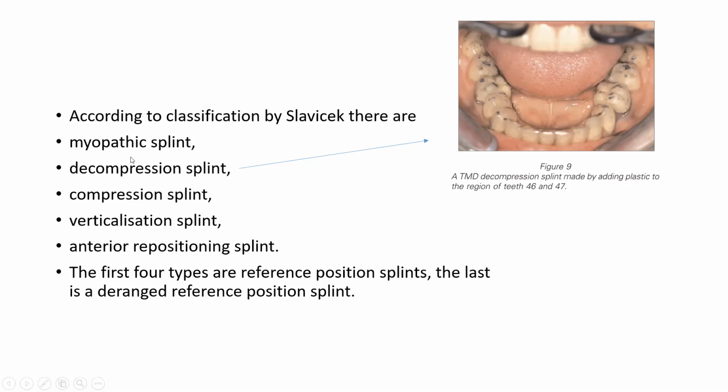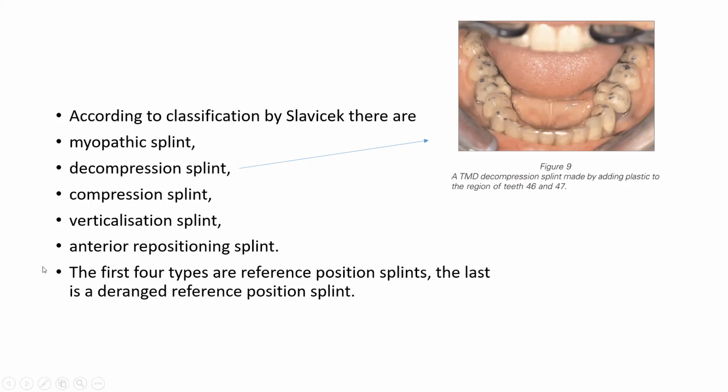Then the decompression splint is given, and he also classified the compression splint, which is generally used when there is distraction between the centric occlusion and centric rotation. He also classified the verticalization splint, which is generally used to increase the vertical dimension of the patient.